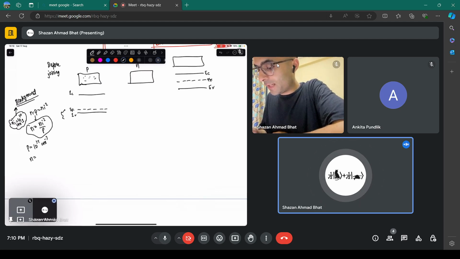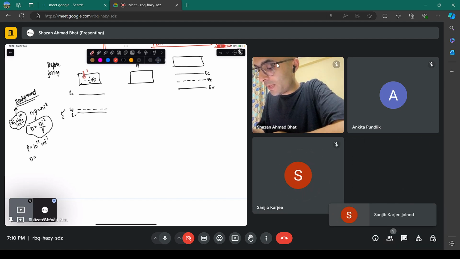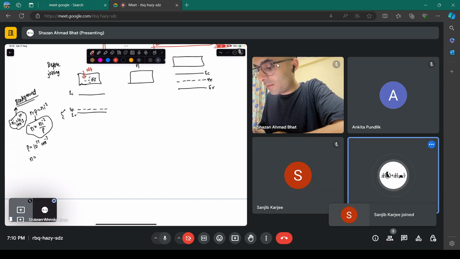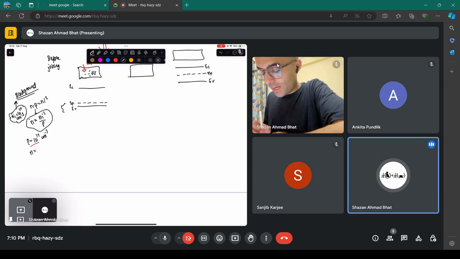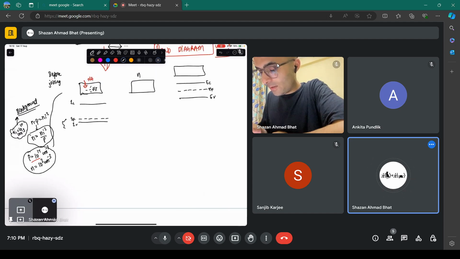Before it was p, it was just semiconductor, so there was intrinsic concentration. Then you doped it with Na, you got more holes, and that surpassed this ni, and you got 10 to the power 17 holes. Now you get n to be 10 to the power 3 per centimeter cube. That means there are 10 to the power 17 per centimeter cube holes and 10 to the power 3 per centimeter cube electrons on this side.